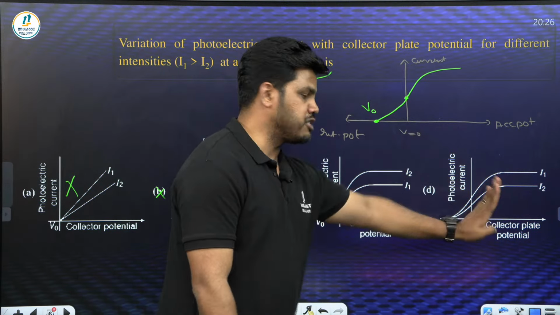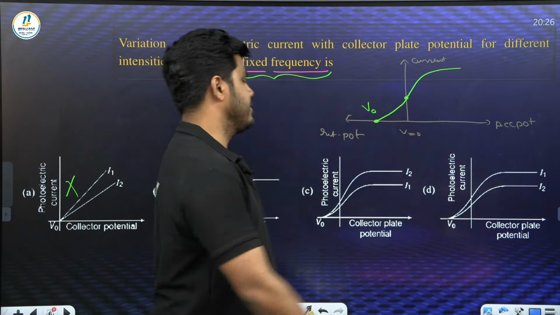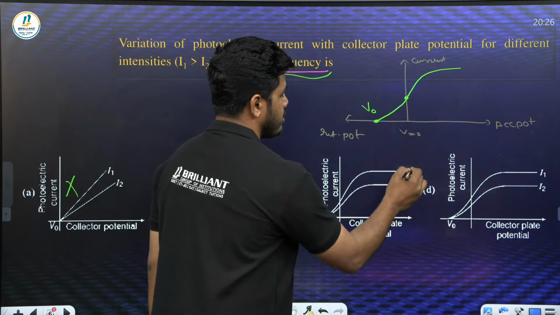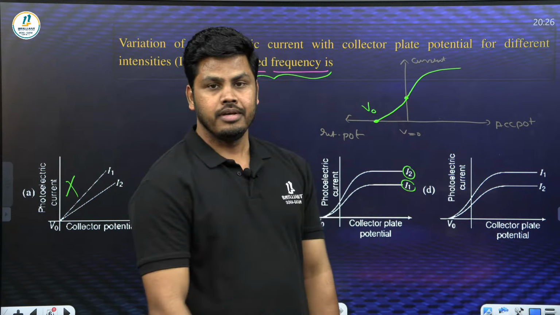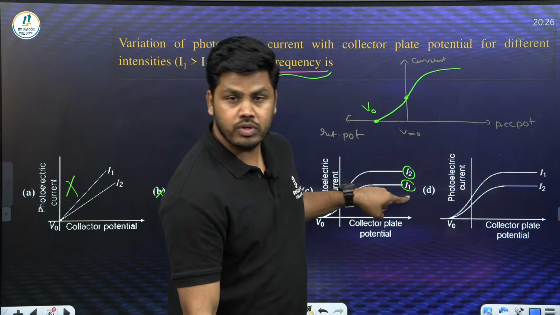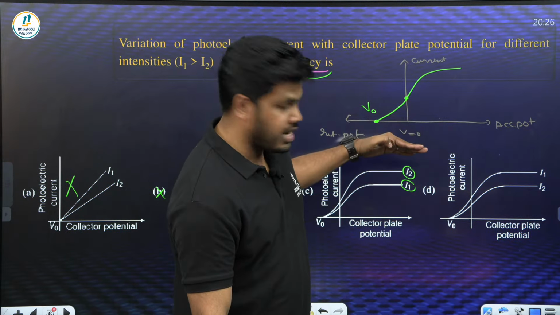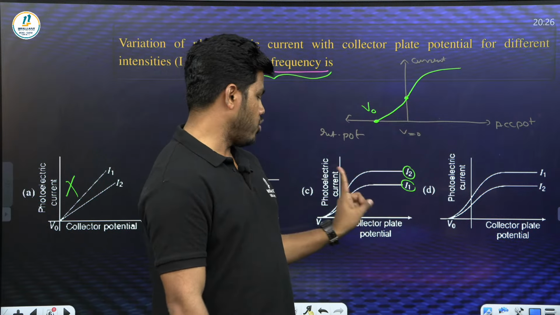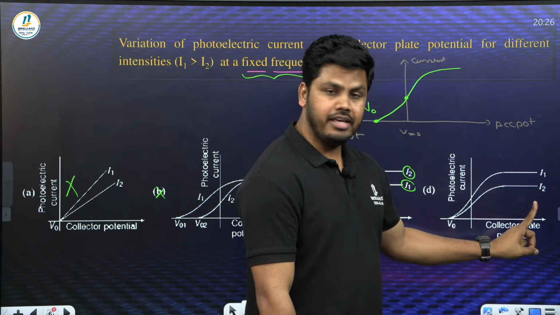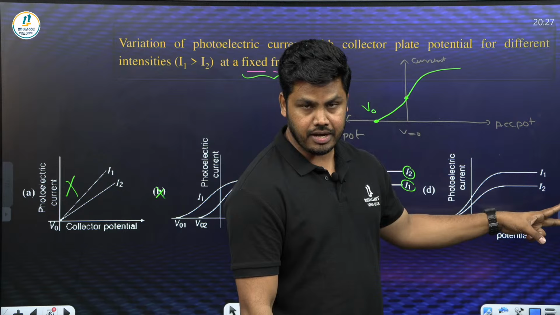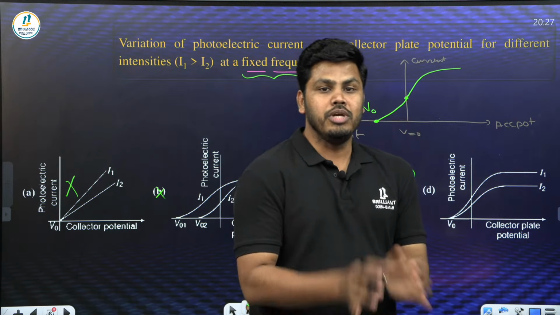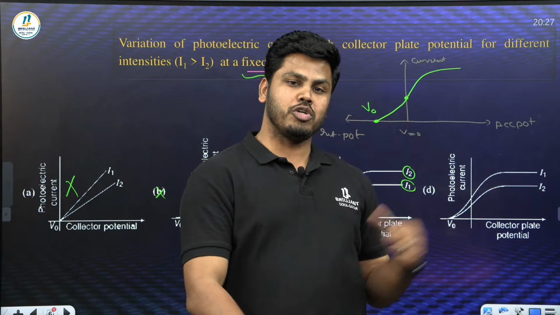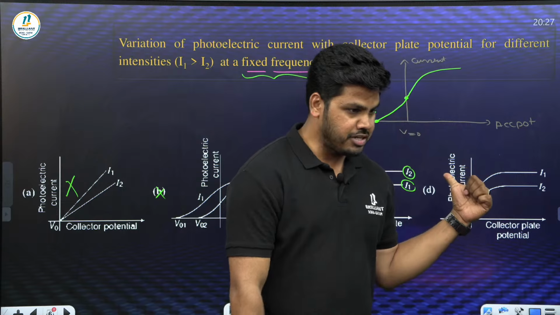The only difference between C and D is that I1 and I2 are just interchanged. The lower graph is given for I1 intensity, and the upper graph, the greater current, is given for I2 intensity in option C, and in option D it is given the other way around. So how will you understand which one is the correct option? We know photoelectric current is directly proportional to the intensity, as I just reminded you.